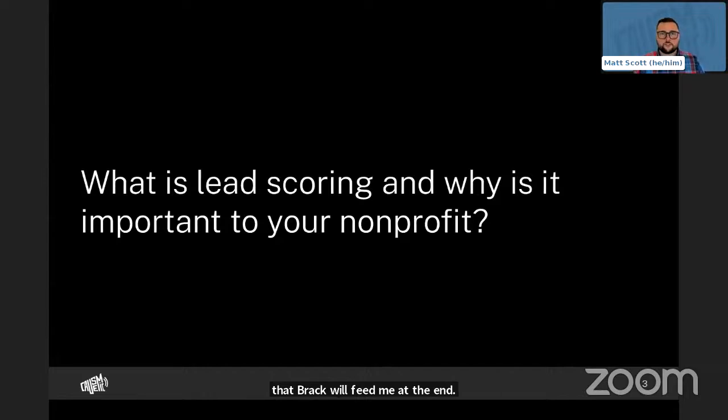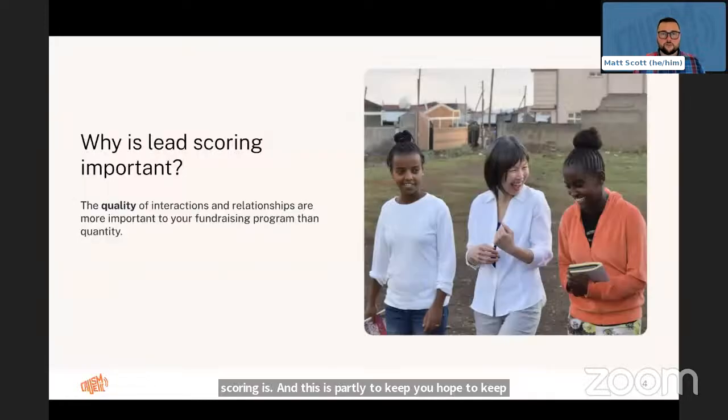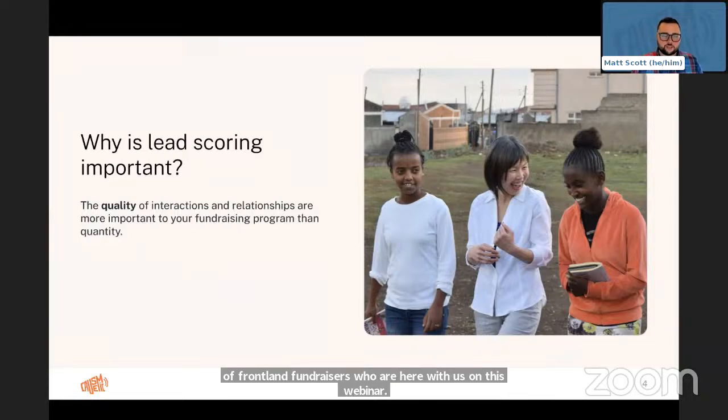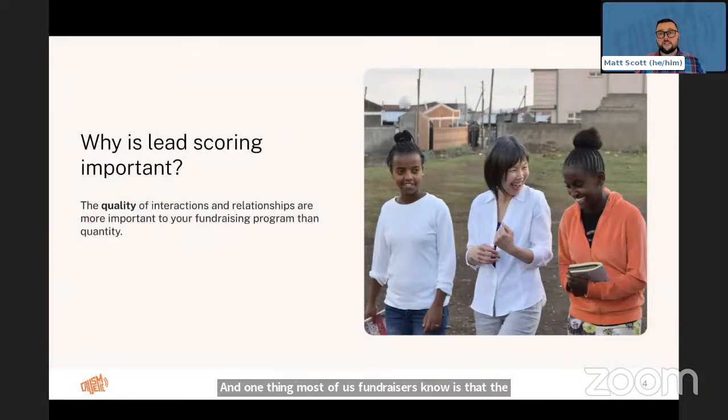I'm sure you think we're going to start with defining lead scoring, but I actually want to start with the importance to your nonprofit before we dive into defining what lead scoring is. And this is partly to keep you hooked, because you're going to hear exactly why this is absolutely critical. Here's the thing. I've been a frontline fundraiser. I bet there are a lot of frontline fundraisers with us on this webinar. And one thing most of us fundraisers know is that the quality of interactions is more important than the quantity of interactions.